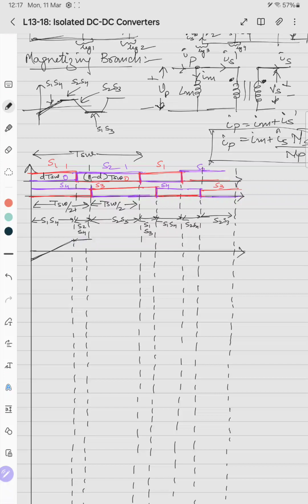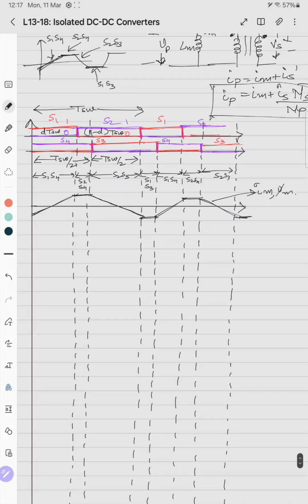There it is flat top, there it demagnetizes, again flat top, magnetizes. Here this waveform is not very perfect, so you can't see equal distances. So this waveform belongs to Im or phi m, like this.